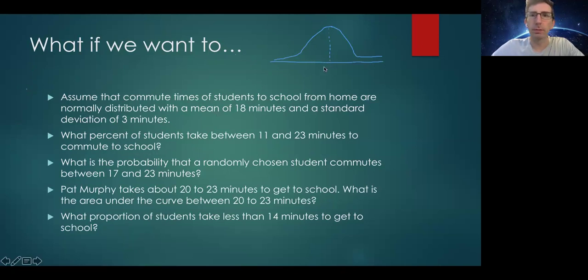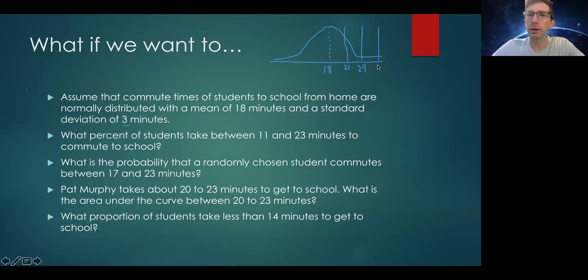So we have a mean of 18 minutes, so we'll put that at our center. We go one standard deviation to the right, we'll add our standard deviation of 3 minutes to our mean to get 21. We go 2 standard deviations away from our mean to the right, we'll add 3 to 21 and get 24.